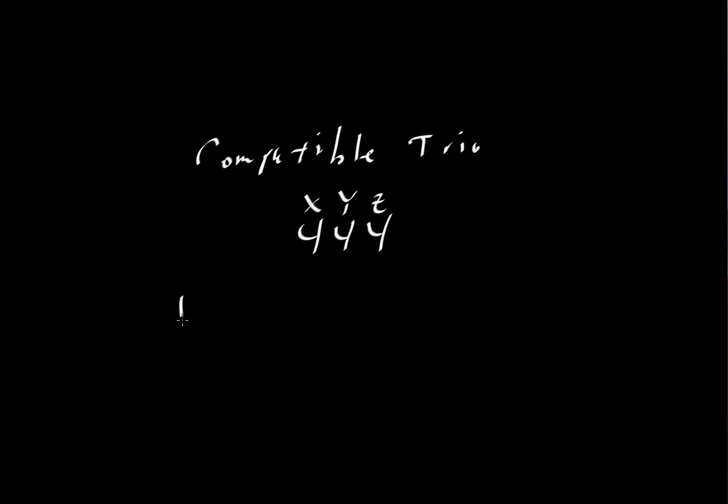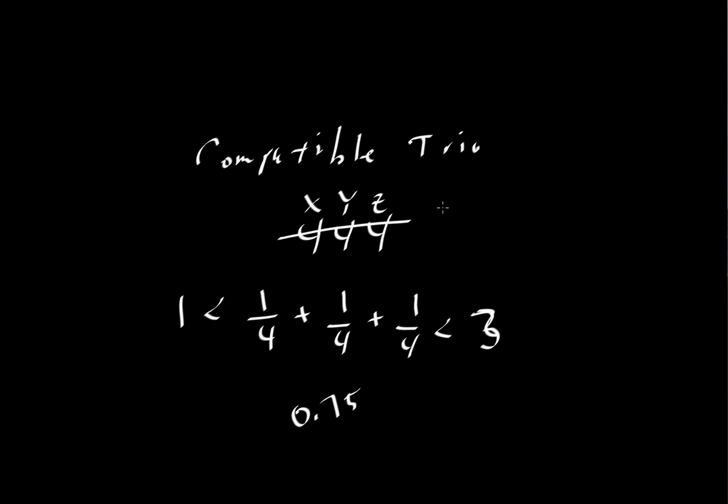So does it satisfy this relationship? Is the sum of those fractions greater than 1 and less than 3? Well, 1/4 plus 1/4 plus 1/4 is 0.75. And so that is less than 1. So this is not a compatible trio.